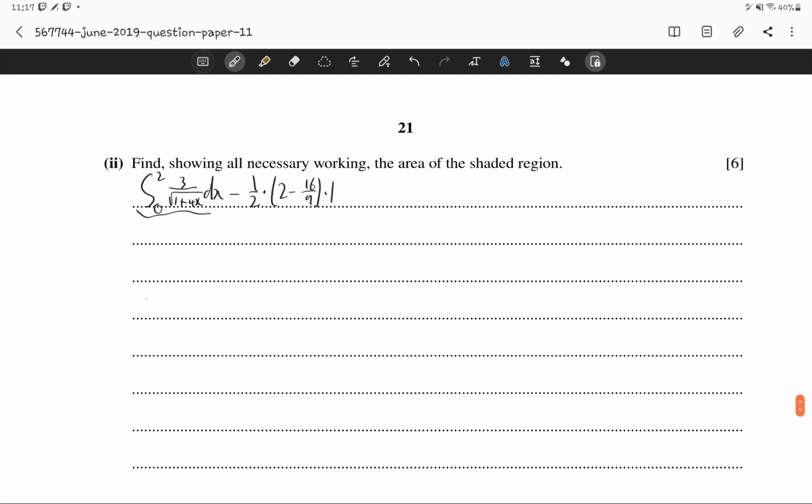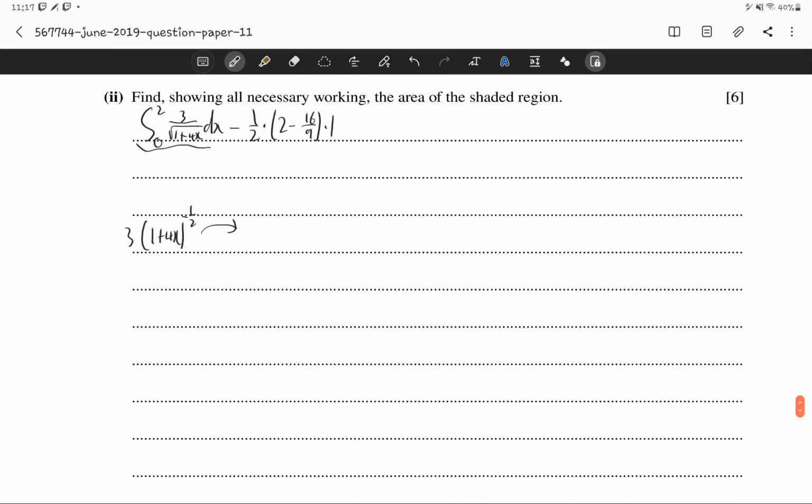This one currently is 3 times 1 plus 4x to the power of negative a half. So I'm not sure what you call it. Do you call it integrated? I'm not sure. The original function would have to be this, but with something here.